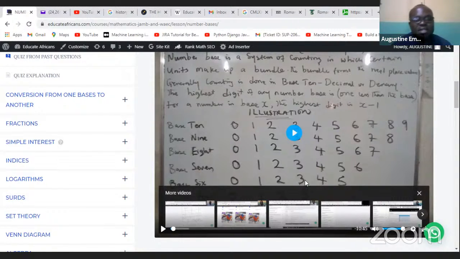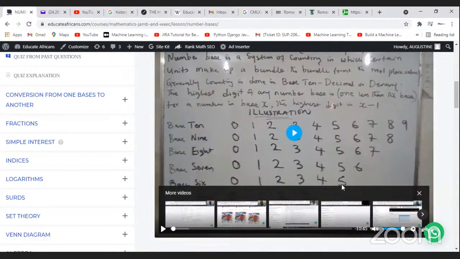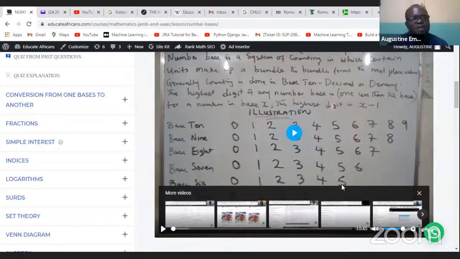You have to take note of that. If they ask you what are the numbers that are contained in base 6, you should know that it's 0, 1, 2, 3, 4, and 5. 6 is not there, but it starts from 0. Oluwaseyi, can you tell me the numbers that are contained under base 4? 0, 1, 2, 3. Perfect.